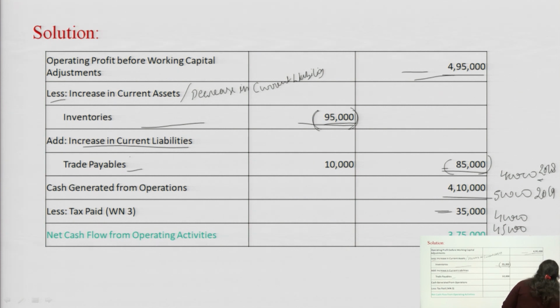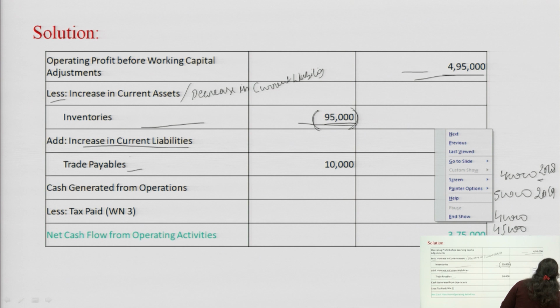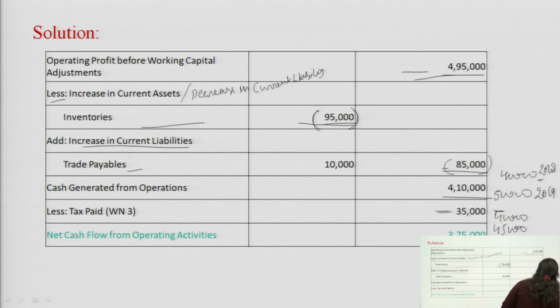Now, we will subtract the 50,000 out of this, and the amount coming out will be 35,000, because 40,000 is for the first year, 2018, and for 2019 it is 50,000. 35,000 has been written here.